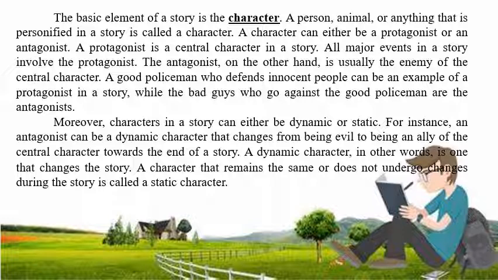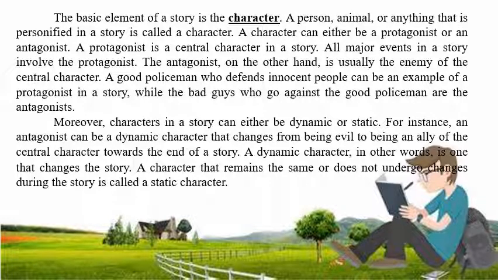The antagonist, on the other hand, is usually the enemy of the central character. A good policeman who defends innocent people can be an example of a protagonist in a story, while the bad guys who go against the good policemen are the antagonists.